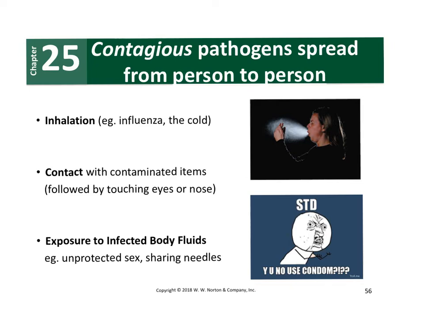Or contact with contaminated items, where the virus, let's say, lands on something and then you handle it and manage to ingest it that way or get infected that way. So those are contagious pathogens. There's a lot of them.